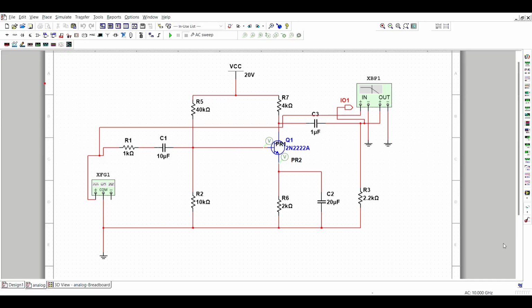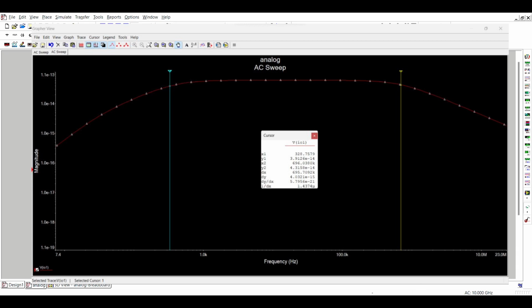Now let's take a look at the graph for the high and low frequency response. After we introduce all the components, when you see the green one, 3.32, it is nearest to the low frequency response that we got, which is 326.8 hertz.